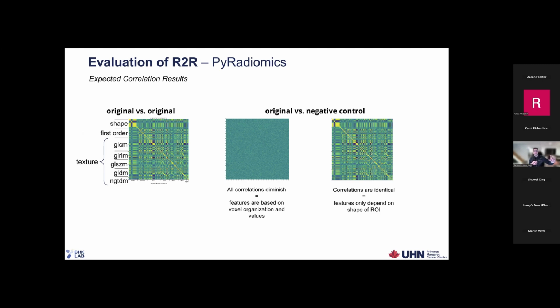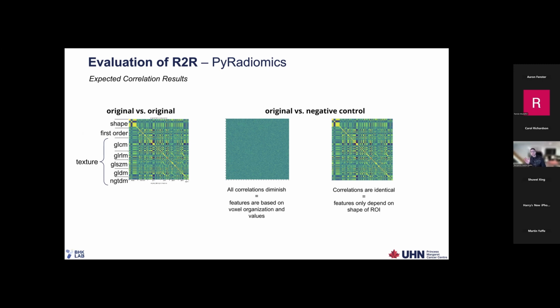A lot of shape features are highly correlated, but some are still intercorrelated, so you have this nice complex structure. If everything goes well and you randomize the data, that correlation structure should be completely gone, because the features really depend on the specific arrangement of the voxels. Once you randomize, all those features don't make any sense and they're completely random.